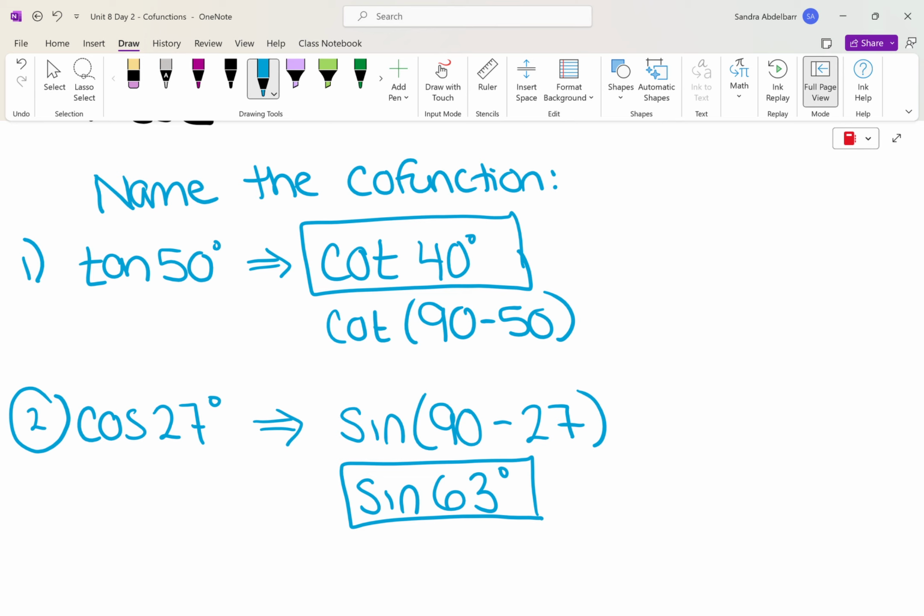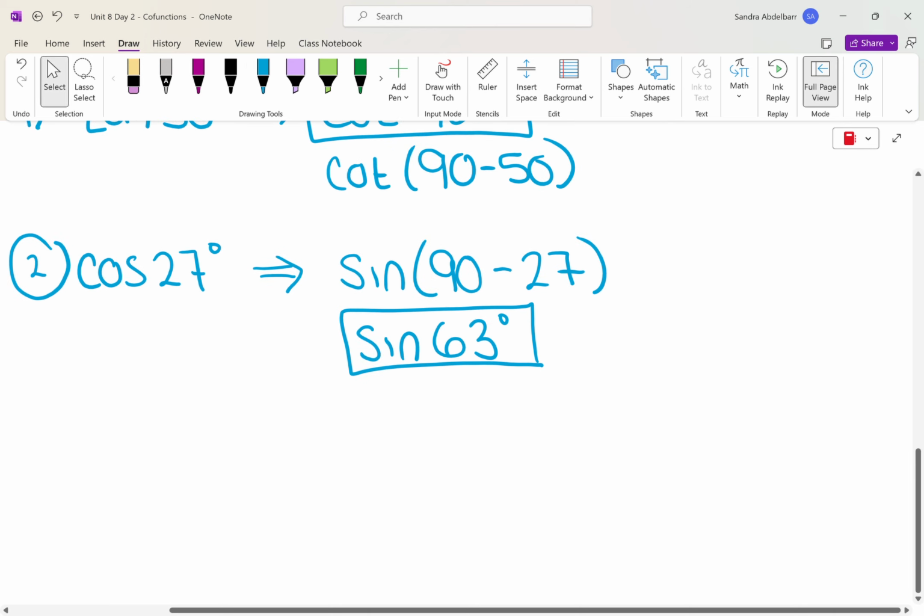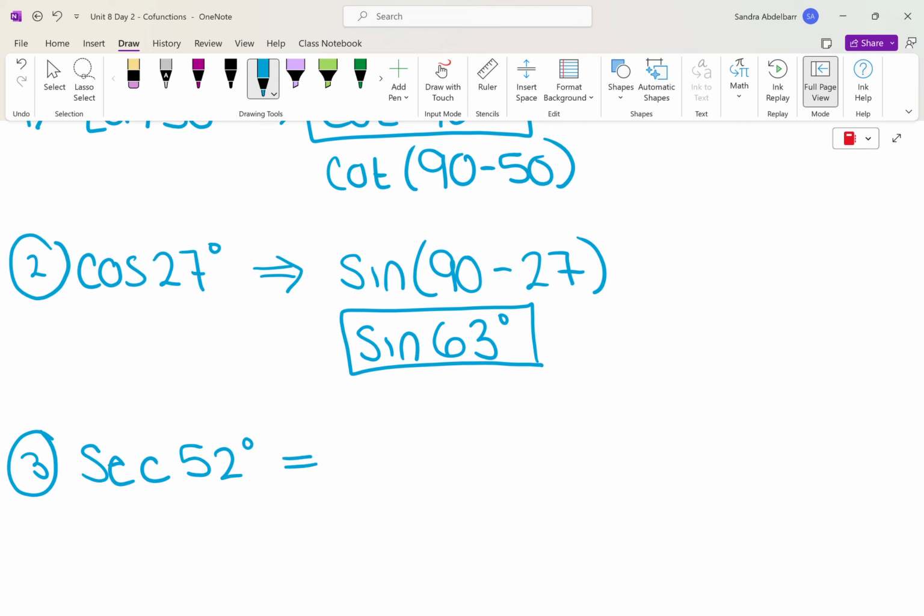All right, you guys do this next one. The secant of 52 degrees.